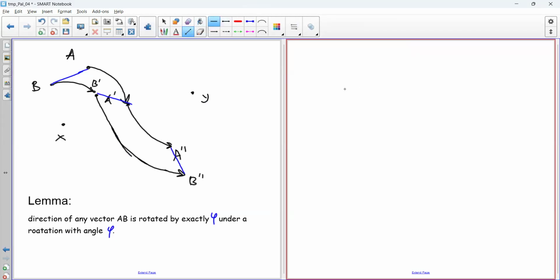So imagine we have a segment, a vector AB over here. So it is AB. This is the direction of the vector. Here is the center C of the rotation. And we have this rotation somewhere. I will draw it, sorry, as a clockwise rotation, but that's okay because we may have any angle phi as the rotation.